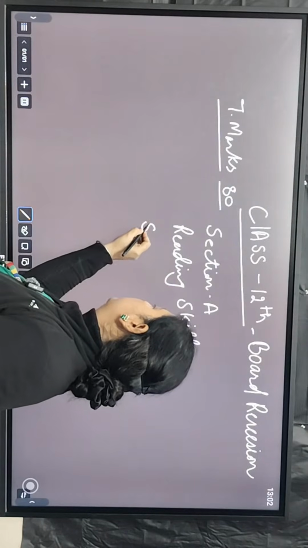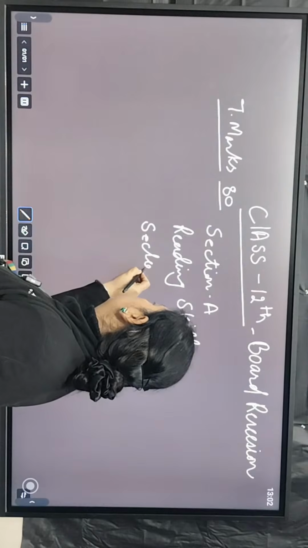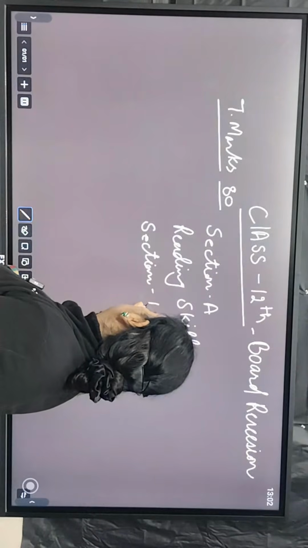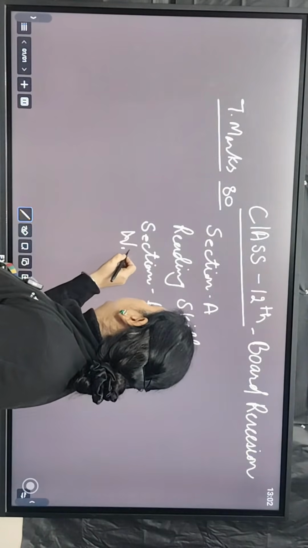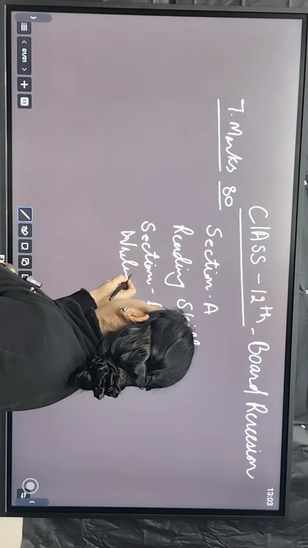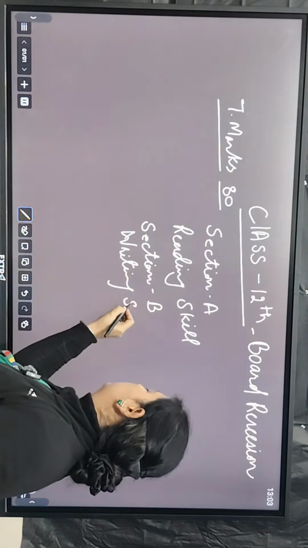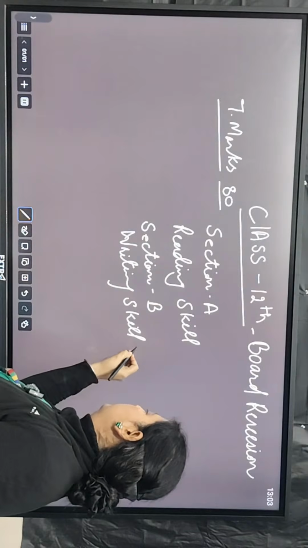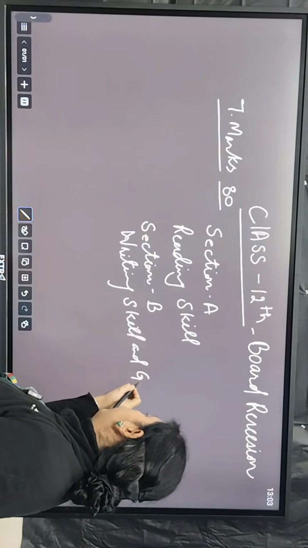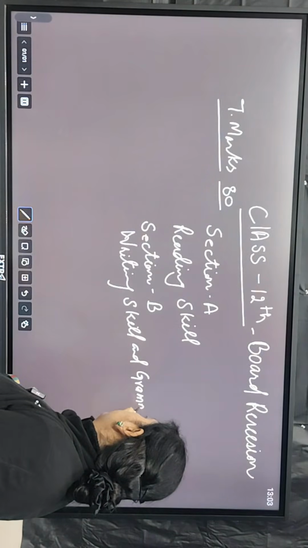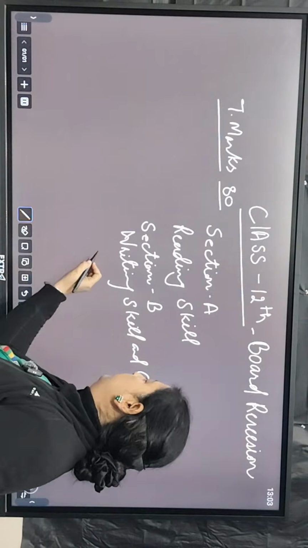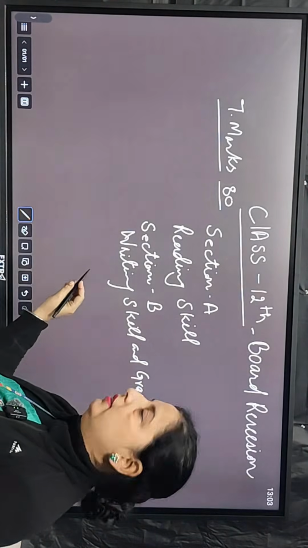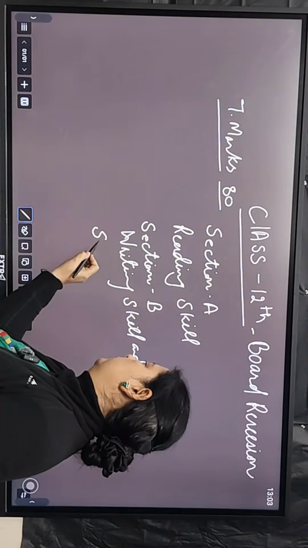Then we have section B, that is writing skill and grammar. And then we have section C, that is the literature part.